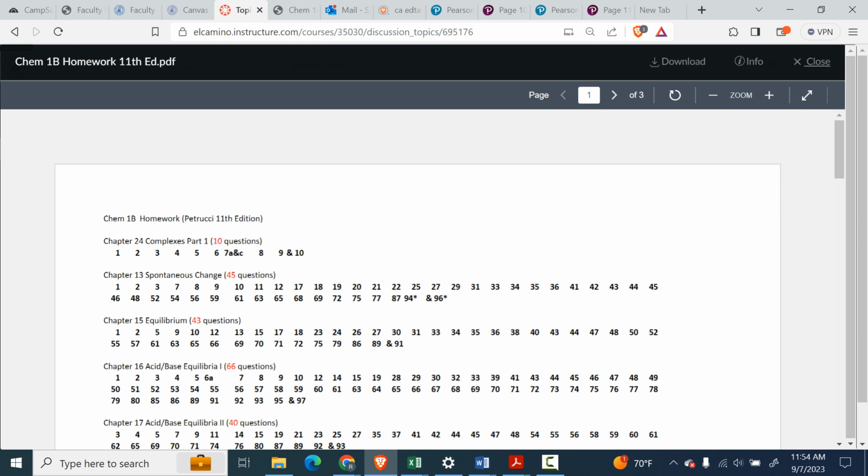A lot of people can get 100% just by copying it down. You don't even have to think about it, and some people do that. There are people who get 100% on the homework but do very poorly on the tests, and maybe that's not fair, because they're going to have a difficult time in the future.